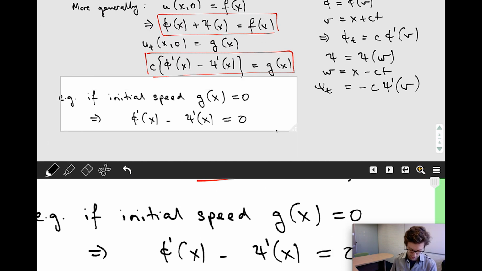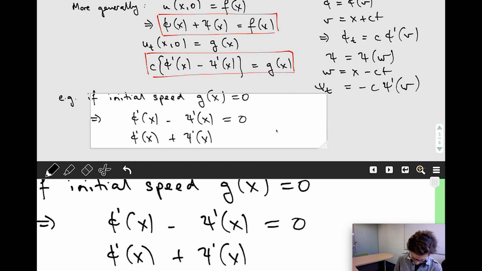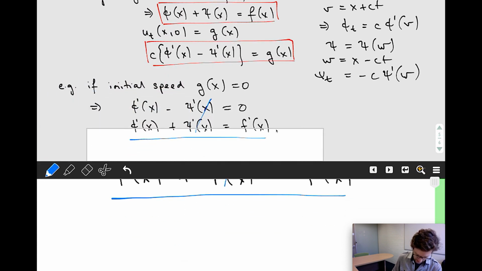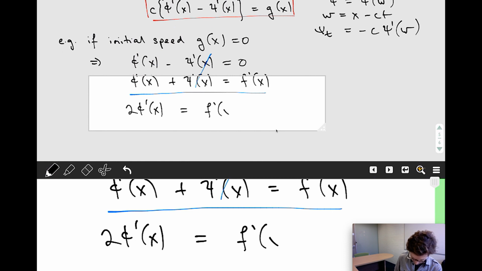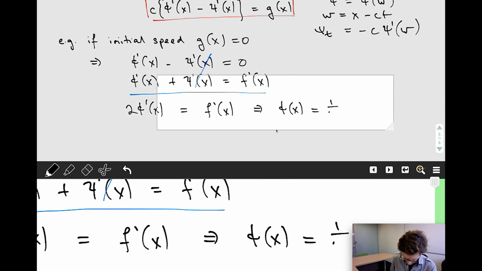I could take my equation for f of x here and take its derivative to get phi prime x plus psi prime x is equal to f prime x. Add those together, cancel out the psi primes to get an equation for phi prime x. Integrating that with respect to x would give me phi of x is equal to 1/2 times f of x plus some constant of integration.